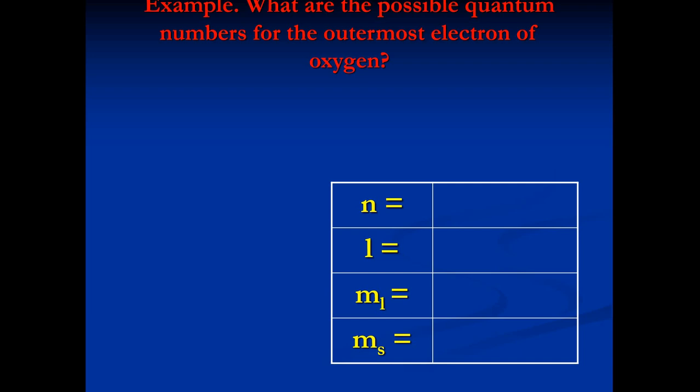For example, this is an example question: what are the possible quantum numbers for the outermost electron of oxygen? So what is the outermost electron of oxygen?